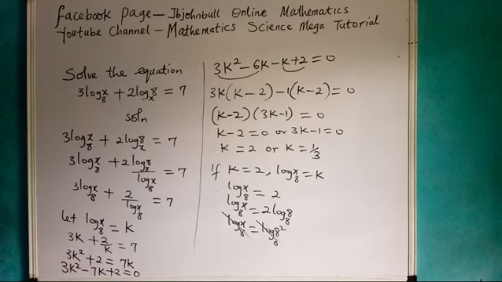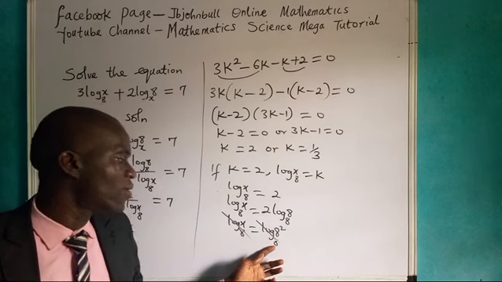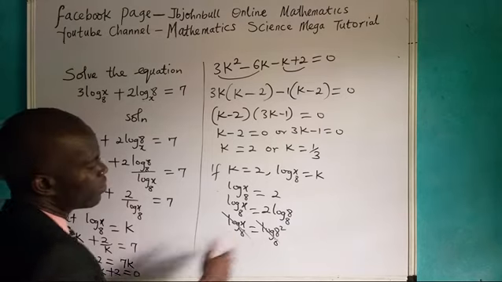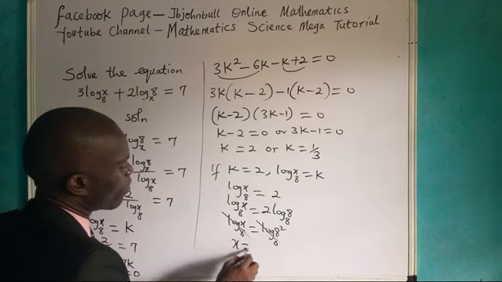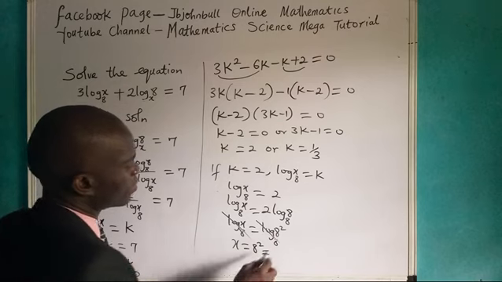We have log of base 8 at the left hand side, and we also have the log of this 8 on the right hand side. Therefore, whenever you have logarithms with equal base, you can eliminate. Therefore, x equals 8 squared, and 8 squared is simply 8 times 8, which is 64.